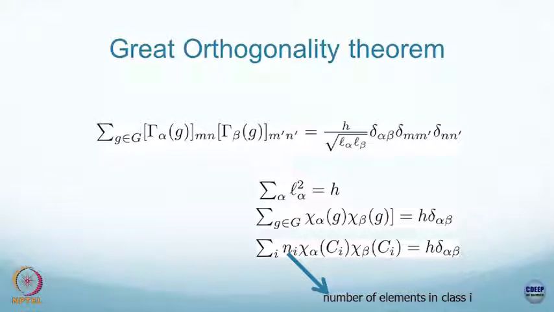And from this you can start playing around taking the trace. So, we defined character chi alpha of G as the trace of gamma alpha of G, right. This is the notation we have.